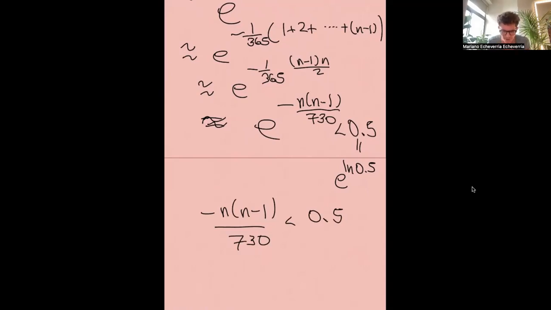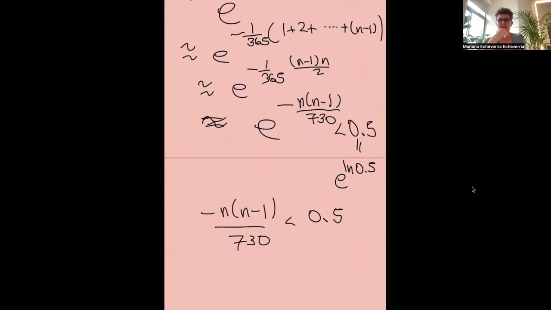I think I made a mistake with the signs. When you took the natural log on the left side, did you also do it on the right side? Now I did something very silly here. You have to be careful, because the ln of 0.5 is negative. Let's see if I did this the right way.